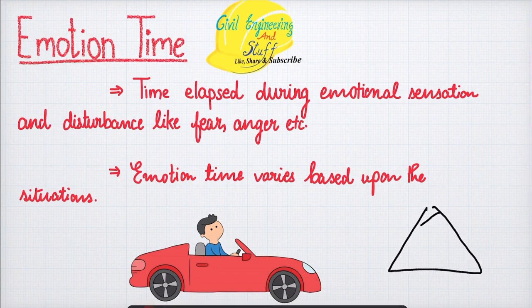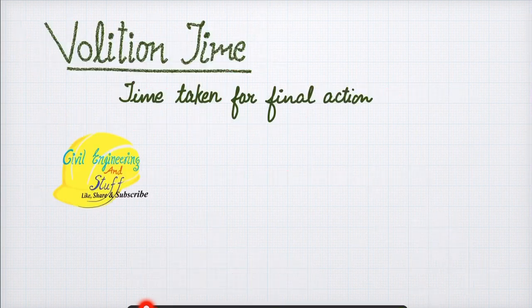When you see any obstruction, depending upon the severity of the situation, either you panic or you remain stable and react, trying to find the possible solution. It depends upon how well versed a driver is. A new driver will panic. An old or experienced driver will assess and mitigate the situation in a comparatively well organized way, right? So the time spent emotionally reacting to that situation is what we call the emotion time.